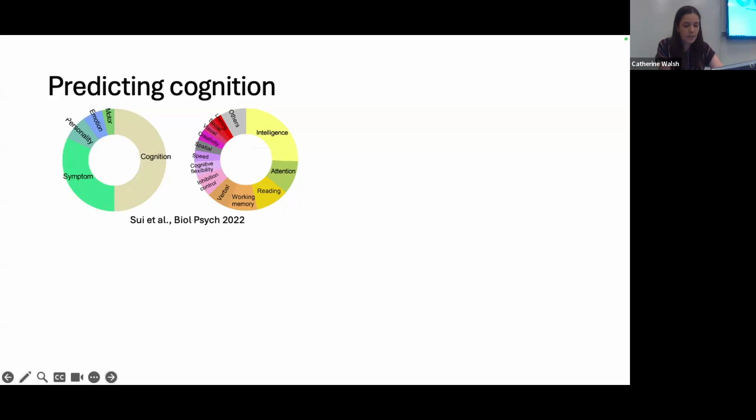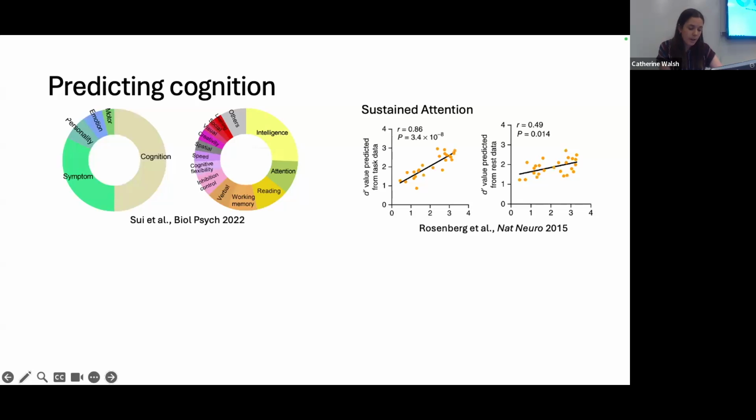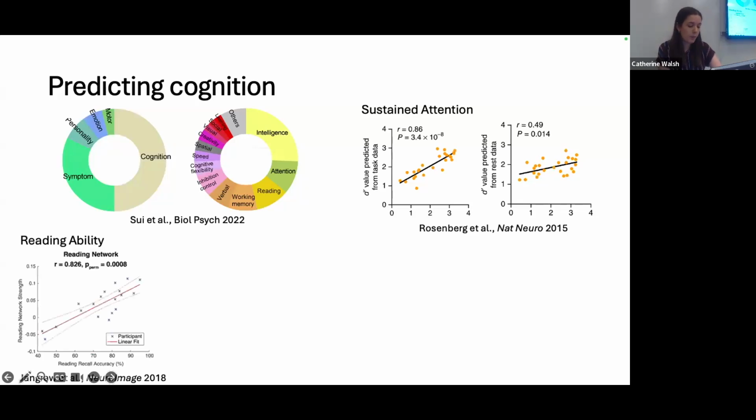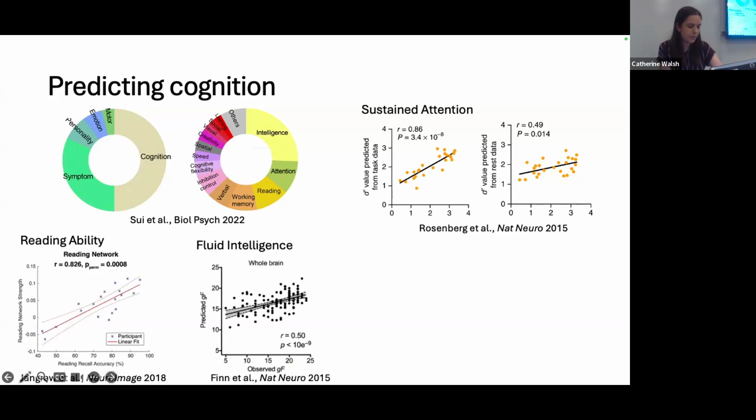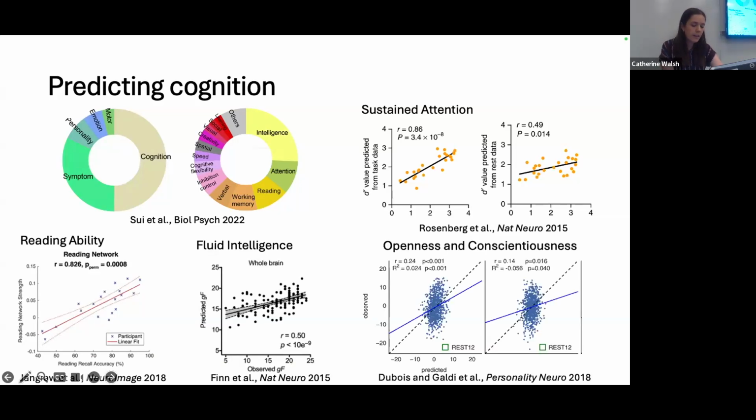As a couple of specific examples, work within the last decade has predicted, for instance, sustained attention from both task and rest, reading ability from connectivity in a reading-related functional connectivity network, things like fluid intelligence, and personality traits like openness and conscientiousness from resting state fMRI.